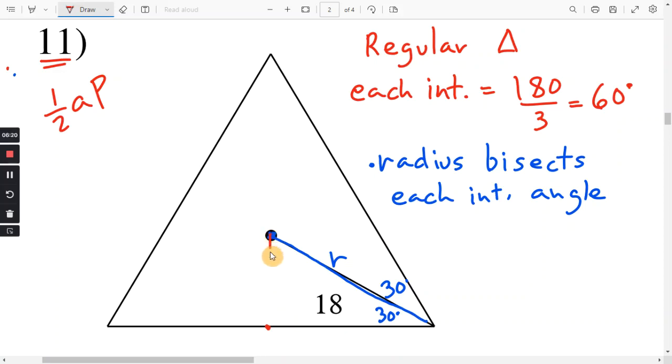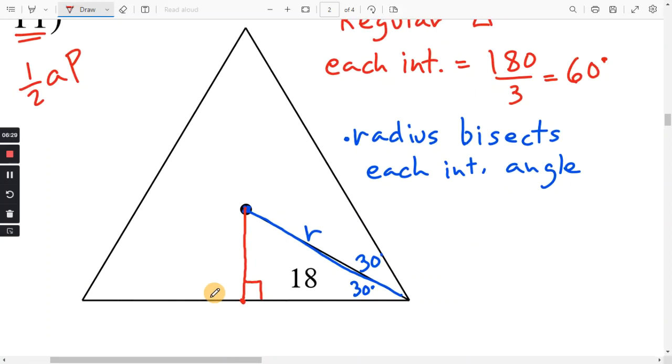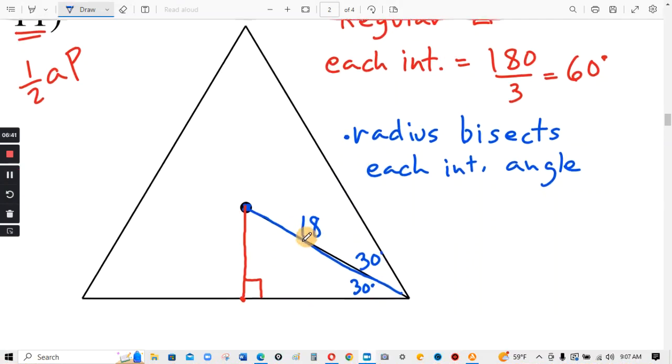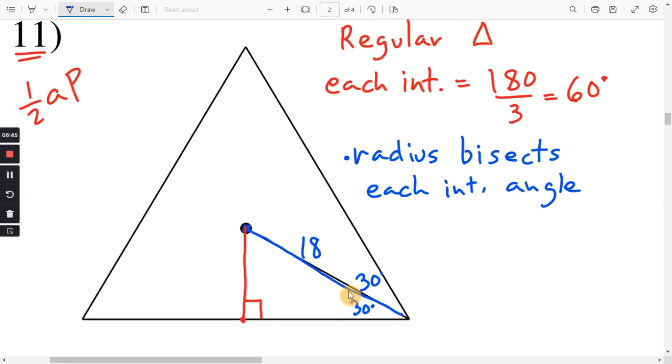So I'm just going to draw this in right here, and it is perpendicular, or makes a right angle, with one of the sides. This 18 is the radius. I am going to write the 18 over here so you can see it better. This 18 was given, I just rewrote it. And if this angle is 30, and this angle is 90, this angle right here has to be 60. All right, 30, 60, 90.